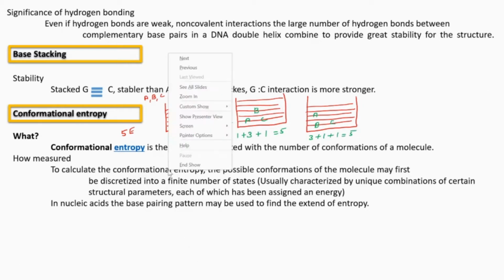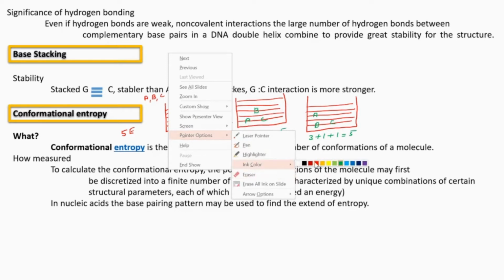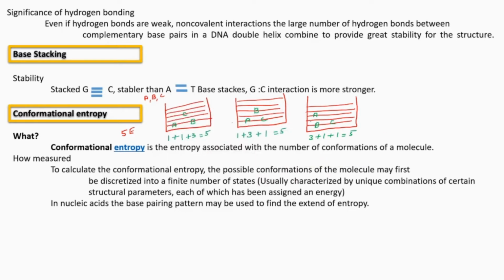Then I am going to show you another possible way to arrange the same 3 molecules. Again the same box, with 1, 2, 3, 4, 5 energy levels.